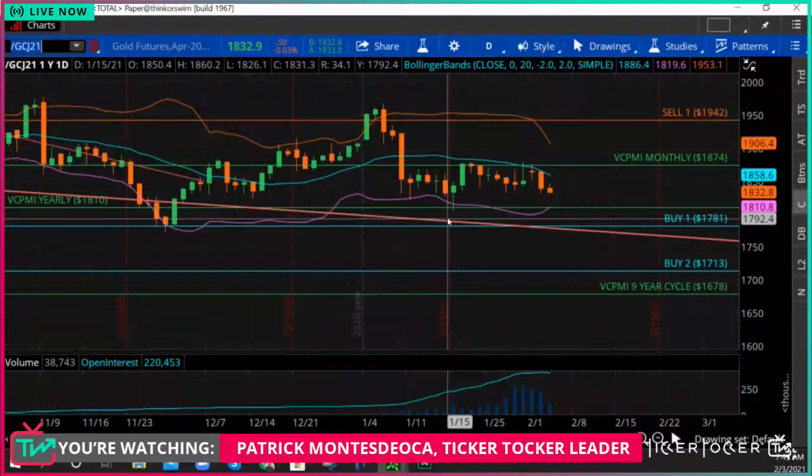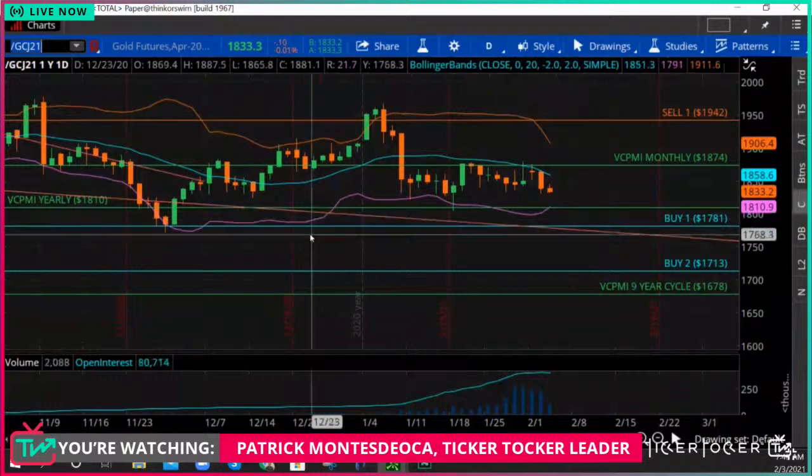The core basis of the variable changing price momentum indicator is the reversion to the mean principle that identifies the extreme levels of the supply and demand of the market.